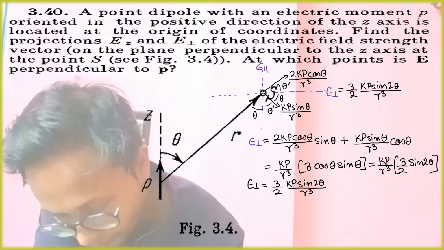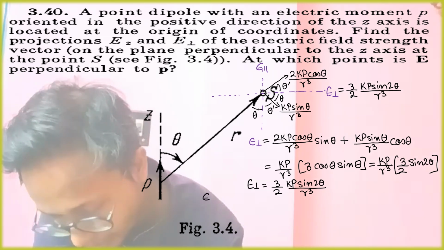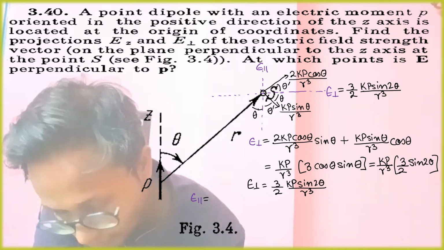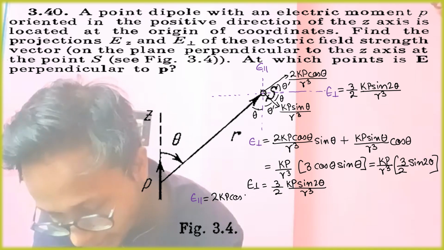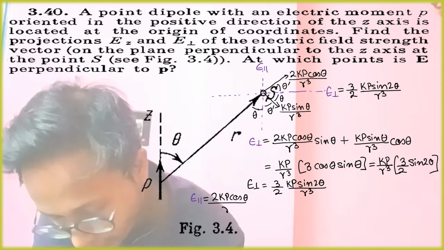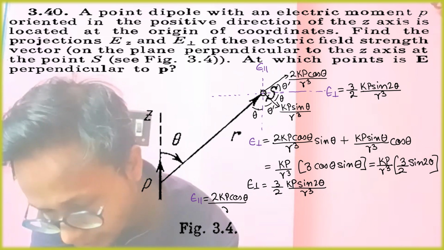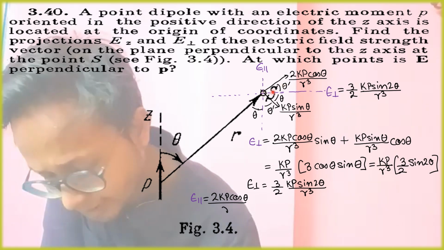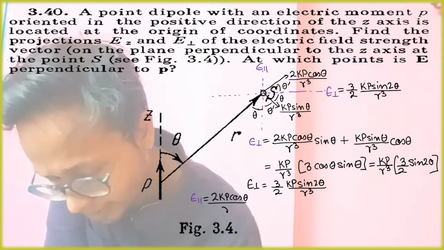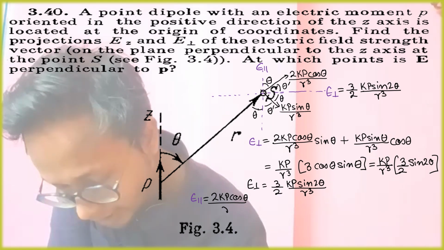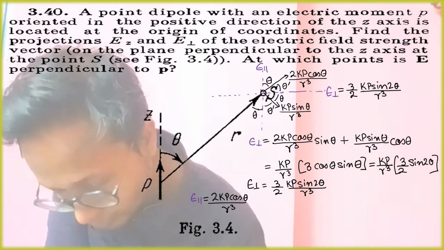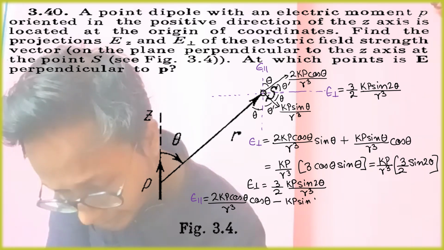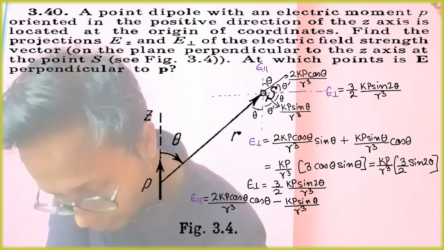So E parallel, or the electric field in the parallel axis, is equal to 2 kp cos theta by r cube into cos theta, minus kp sin theta by r cube into cos theta dash.